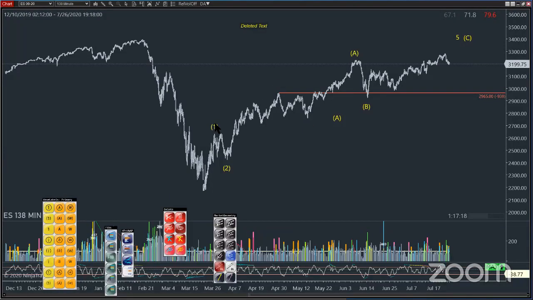Let's see. I just want to see where that gap is.